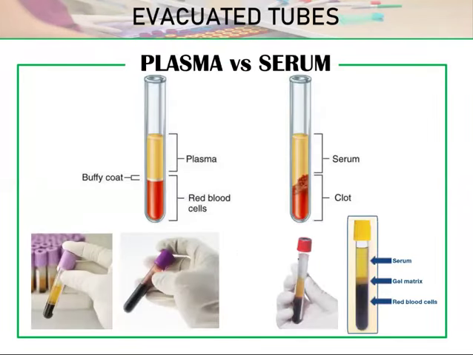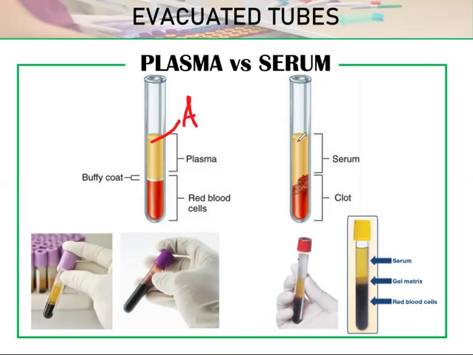Okay, so now let us compare the sample that we can extract based on the type of evacuated tube that is used. So, plasma and our serum. For our plasma, this is a sample placed in an evacuated tube with additive present.